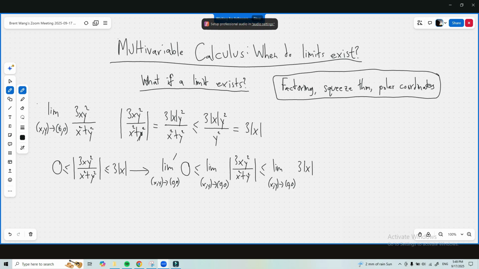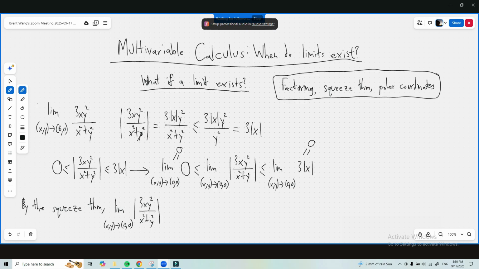Okay, so this equals 0, and this equals 0. So by the squeeze theorem, the limit of the absolute value is equal to 0.